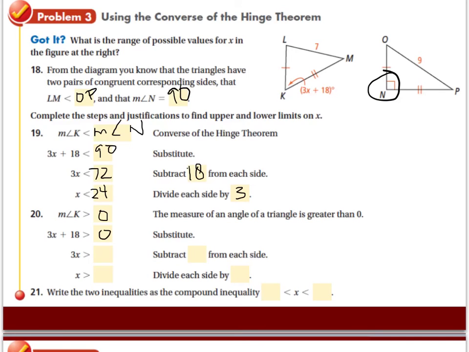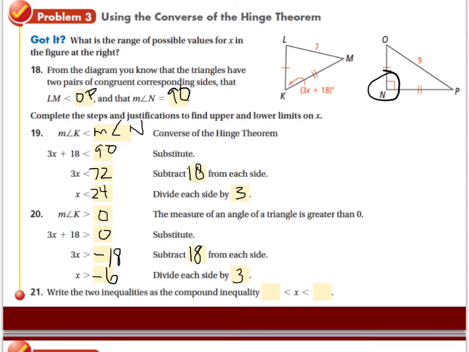I forgot we're solving for x, so we subtract 18 from both sides: 3x is greater than negative 18. Divide each side by 3 and I get x is greater than negative 6.